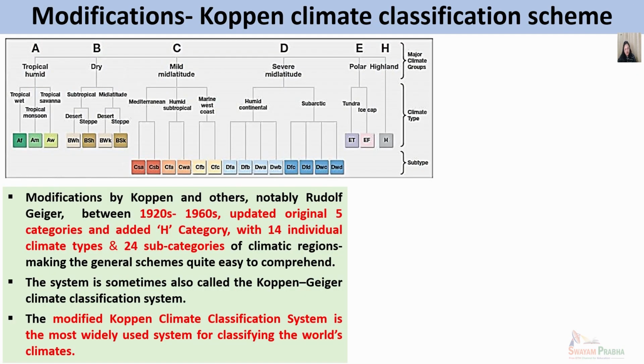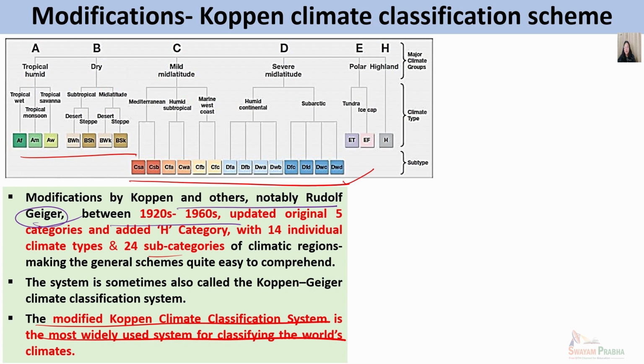So the modification by Koppen and others, notably Rudolf Geiger between the 1920s and 60s, updated his original 5 categories and added a special category which is the H category along with 14 individual climate types and 24 subtypes. So over the time period, it has been modified numerous times. The modified Koppen climate classification system is the most widely used system for classifying the world climates.